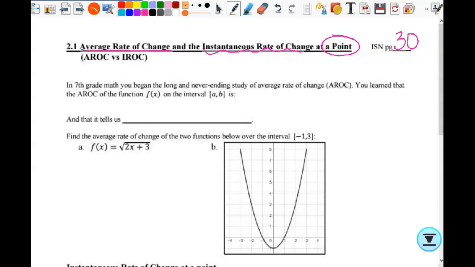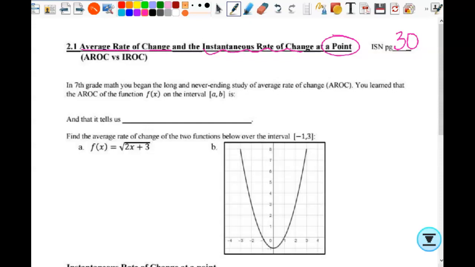Do we want to risk missing something just because we did that? No. So in our notes, if we're writing it for ourselves, writing IROC and AROC is totally fine. If you're going to write it out in an explanation, we're going to have to write it out, okay? So just be careful with that, and I'll make sure and point those things out. Because I would hate for you to miss that because of an abbreviation. I still think they would probably take it, but we don't want to risk it.